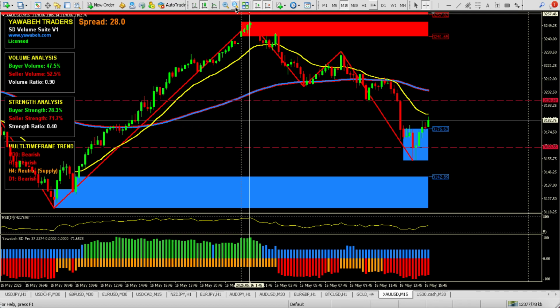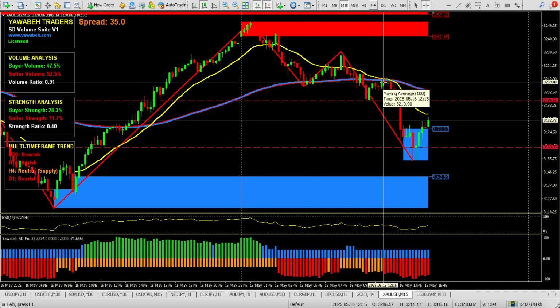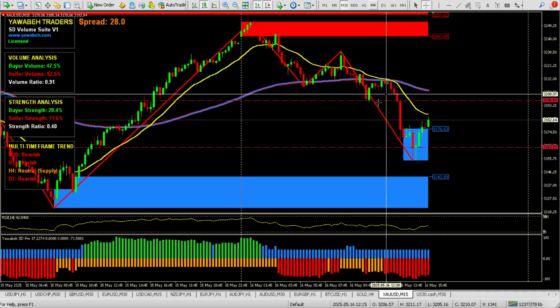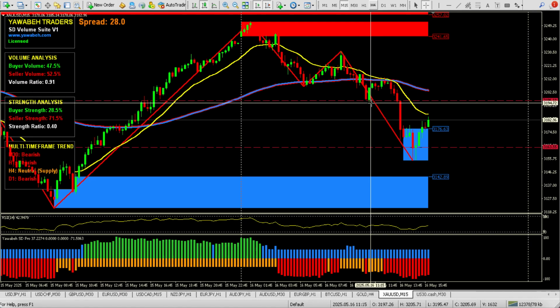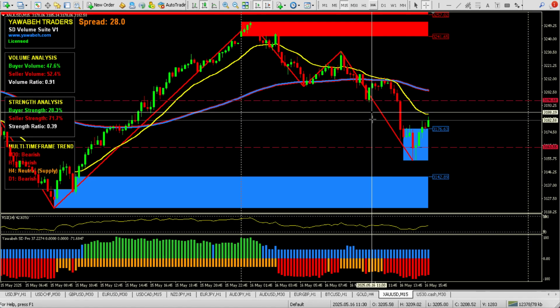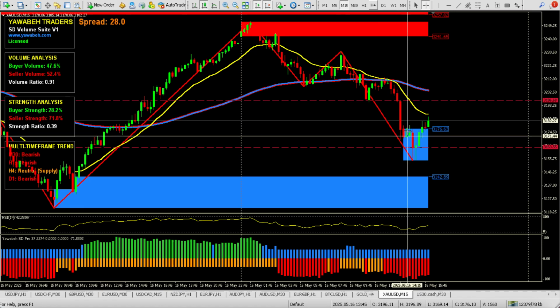That means we were supposed to enter here, and we entered here, and we exited after it broke through this level, and waited for market reversal.